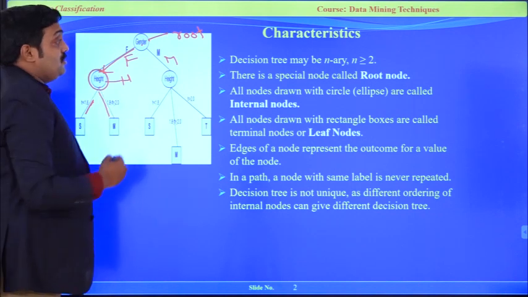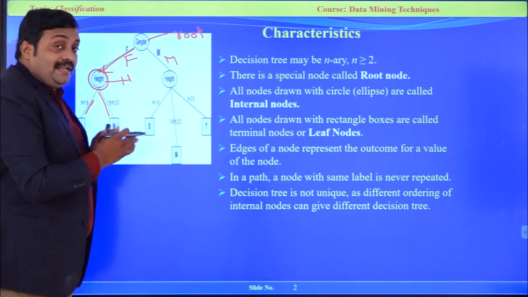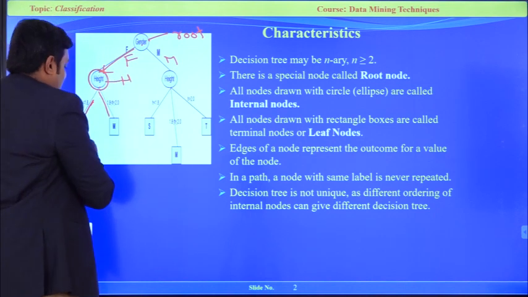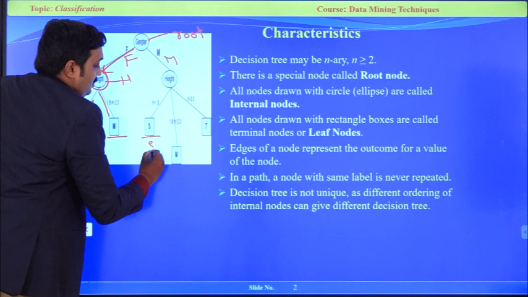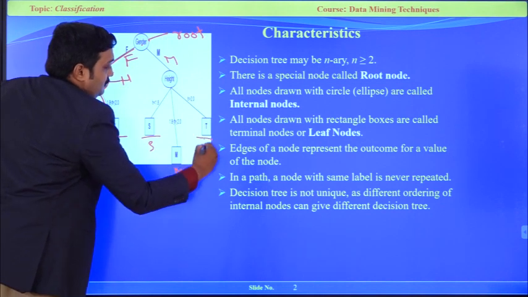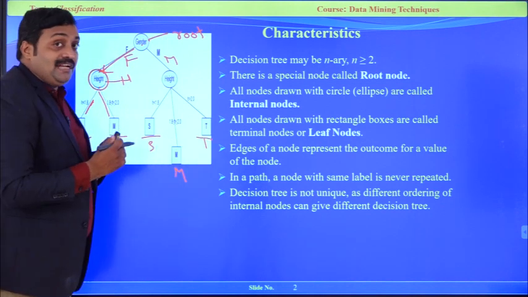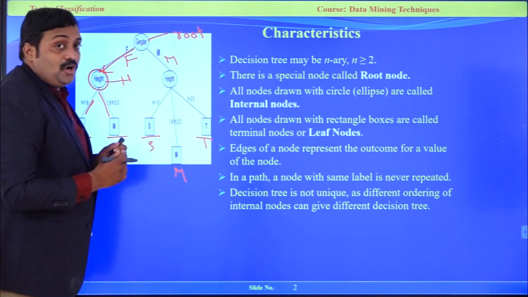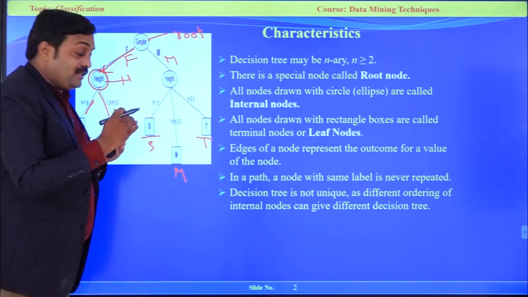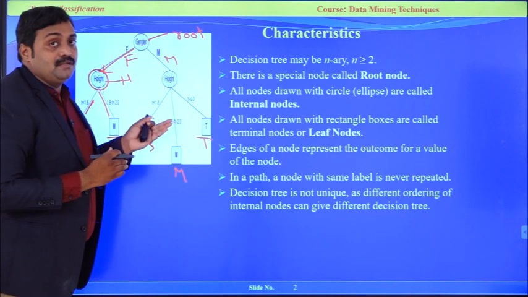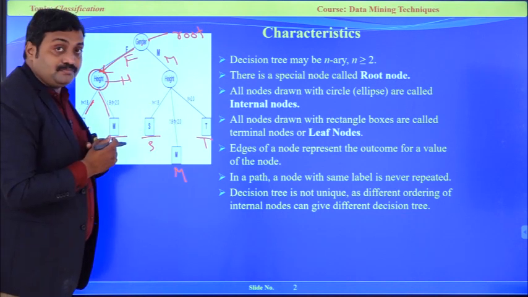So we are traversing the tree from the root to the class. These are the classes: short, medium, tall. That means I want to classify short students, medium height and taller height in this example.